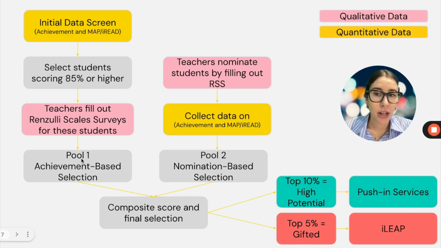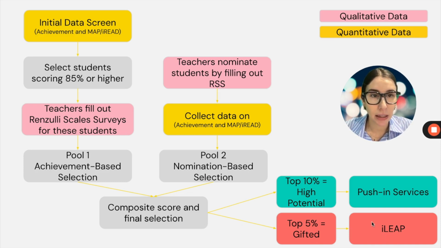We're then going to look at pool one and pool two, combine that list of students, and perform a composite score using the local norms that we have established to perform the final selection. The top 10% from that list will be considered high potential and will receive the push-in services, and the top 5% of that list will be considered gifted and will receive the pull-out service, which is iLeap.